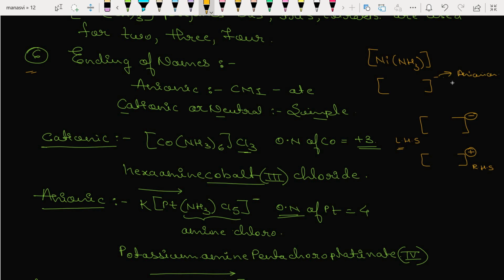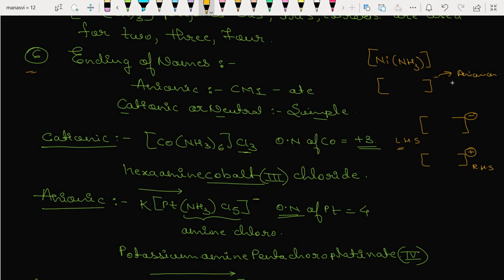Okay, now here the example we have taken is the cationic complex Co(NH3)6 Cl3. Again, use the very simple trick that I have told you. If anything is written on the right hand side of the coordination sphere, your complex ion will be cationic in nature. For cationic or neutral, no characteristic word is to be put.